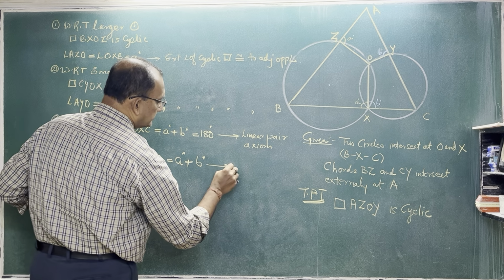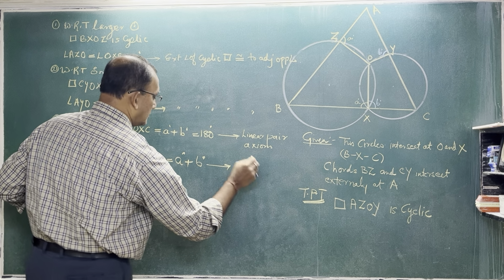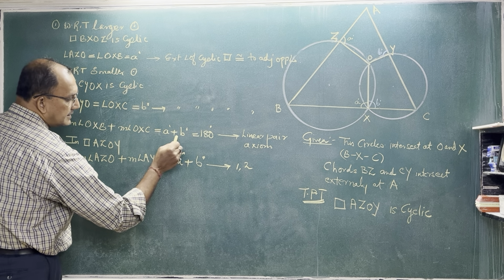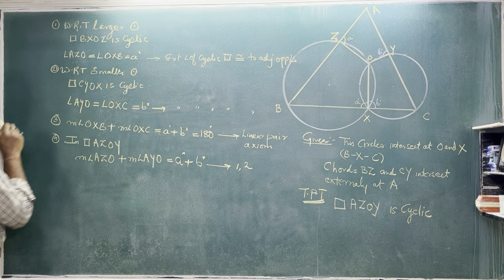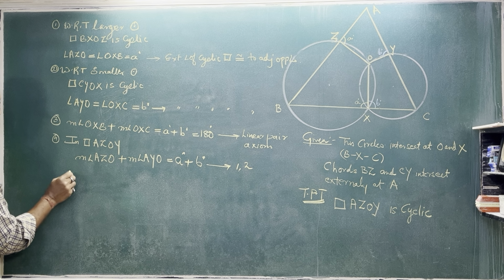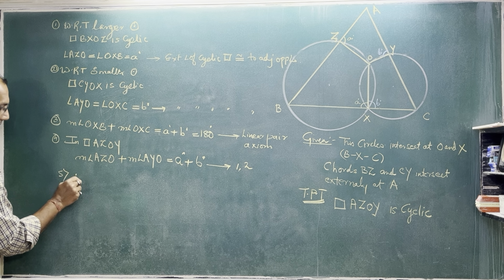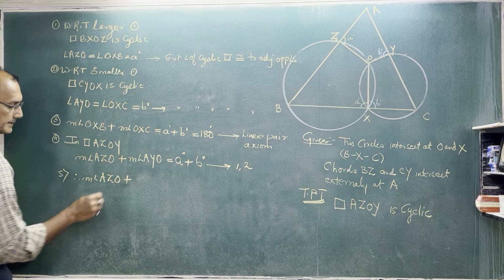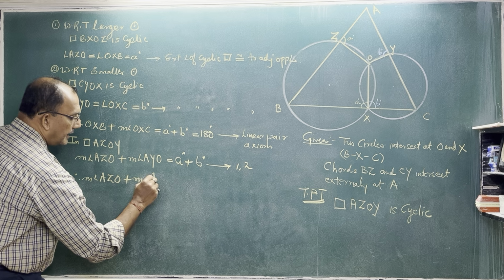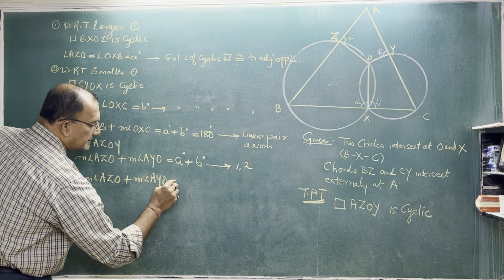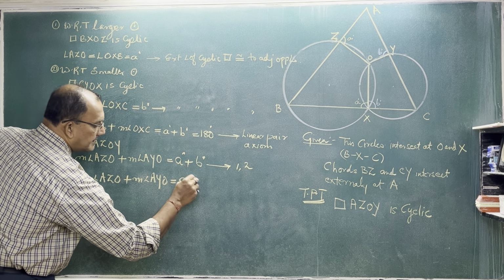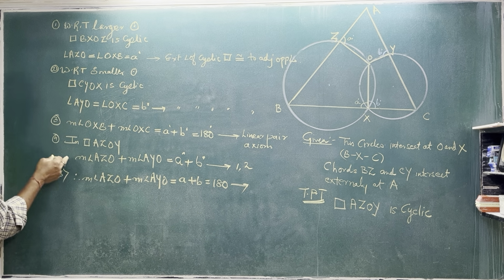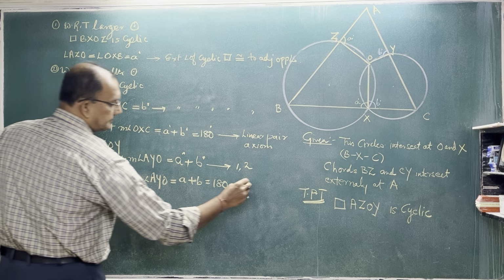This I am getting from 1 and 2. But children, the value of A plus B is equal to 180, we have proved in statement number 3. Therefore, fifth point, measure angle AZO plus measure angle AYO is equal to A plus B, that is equal to 180. This I got from statements number 4 and 3.